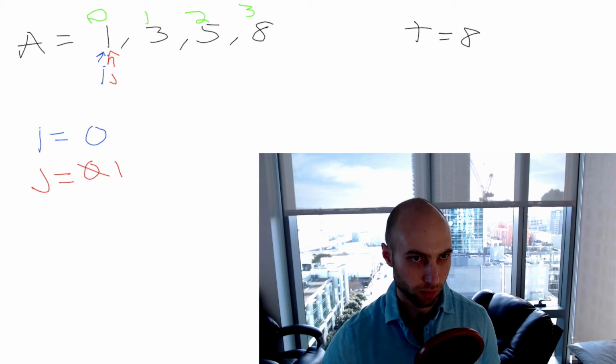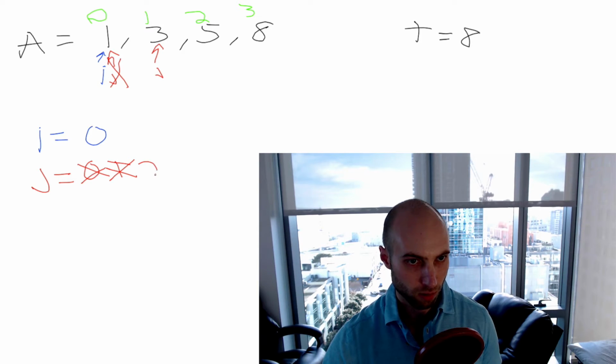So now j is pointed here, and then we're going to increment it again. Now j is pointed here, and notice i is still pointed at index 0. We haven't touched that yet. Increment j again. So j is pointed here.